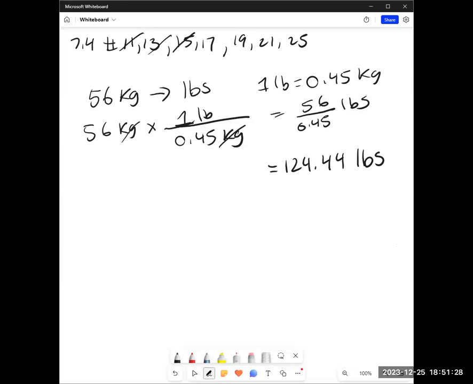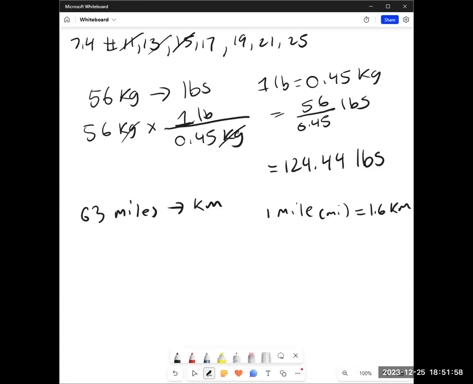Next problem here is 63 miles to kilometers with the conversion factor that 1 mile, MI, equals 1.6 kilometers, km.